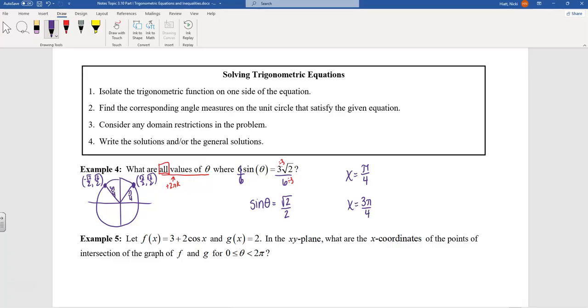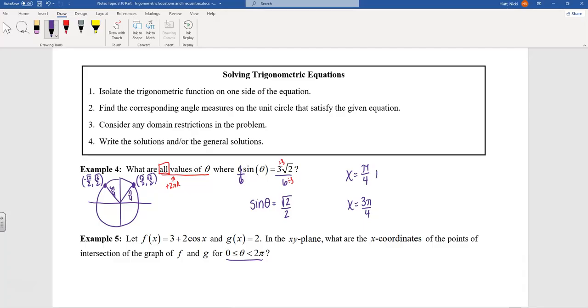So these are the values from the unit circle. If this question was like the next question where it restricted you to the unit circle, you would be done. But they say all values. So while pi over 4 is an answer, we could also spin all the way around back to pi over 4 by adding or subtracting 2 pi.